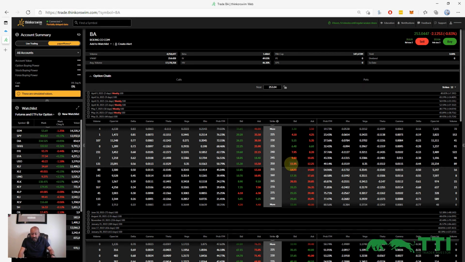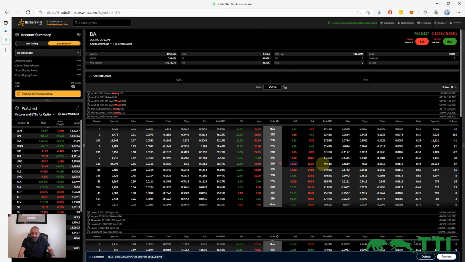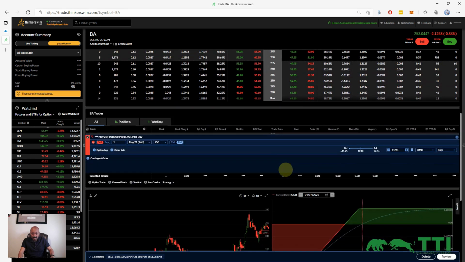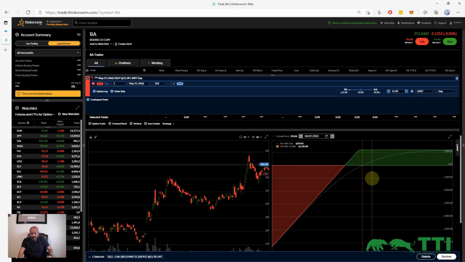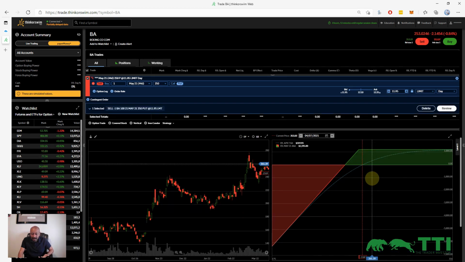So first I will sell the at the money put. When I sell the at the money put, I know the maximum gain for this position per contract is the premium that I collect. In this case, $1,195. That's the maximum I can get for this.